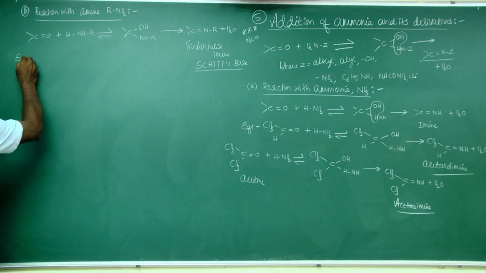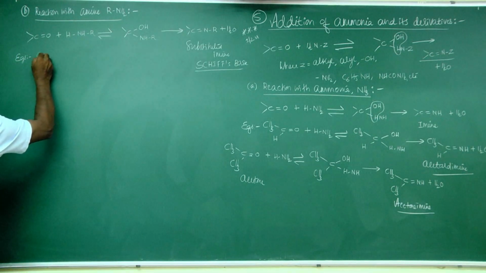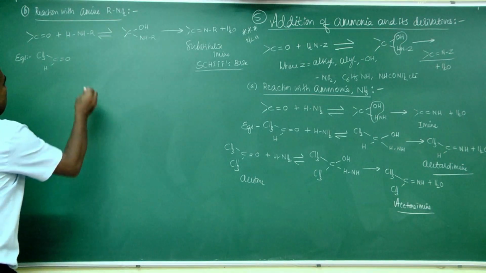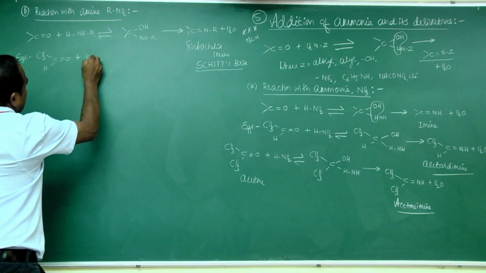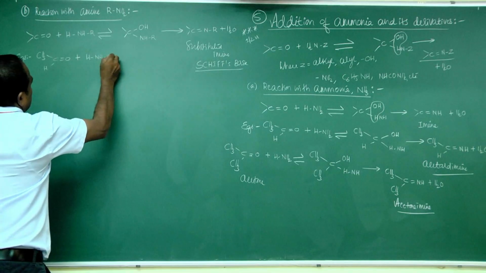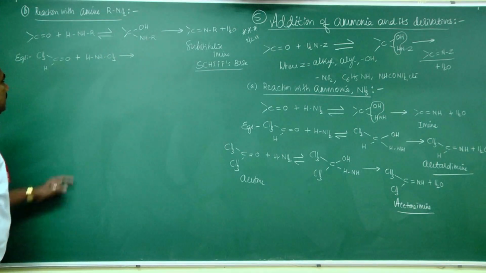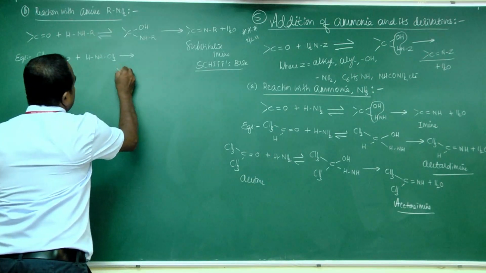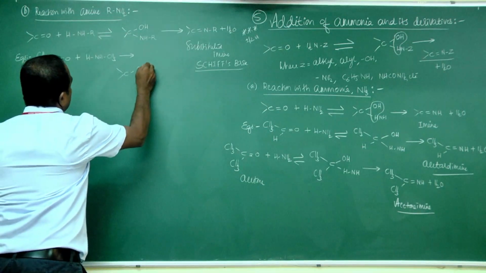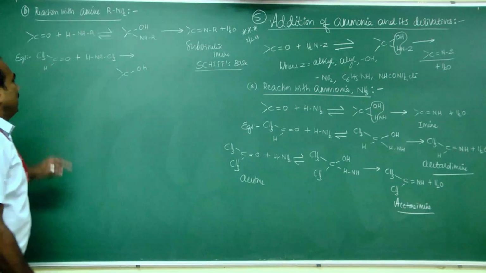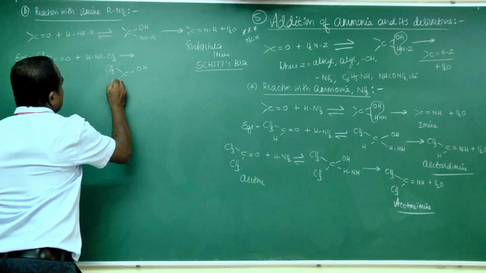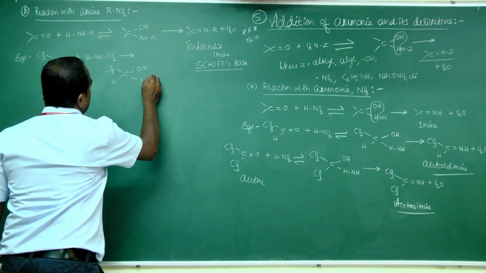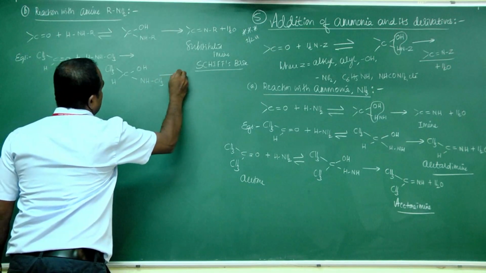Take an aldehyde, that is acetaldehyde, CH3 C double bond O connected to H. Acetaldehyde reacts with methylamine, CH3NH2, to give the intermediate CH3 single bond C single bond H connected to OH and NH connected to CH3.